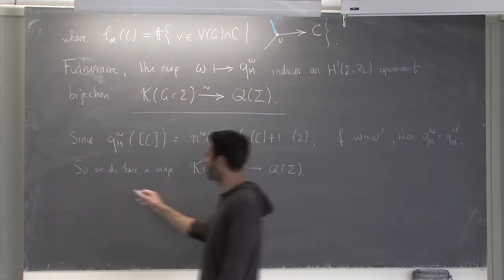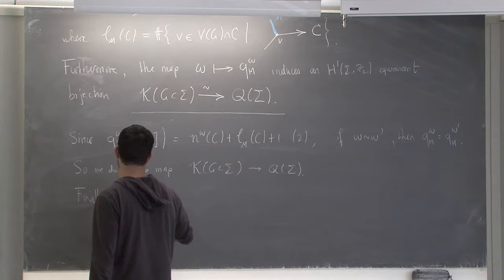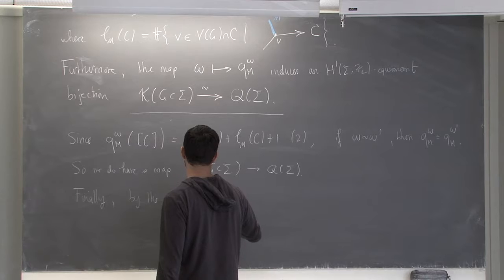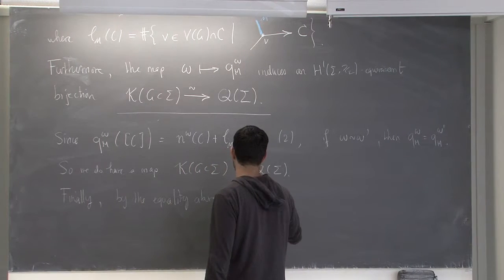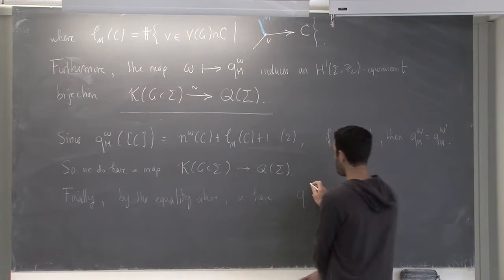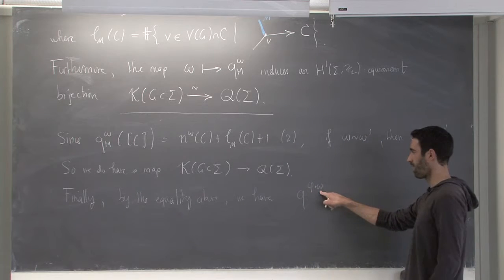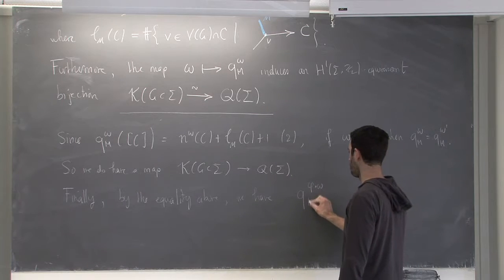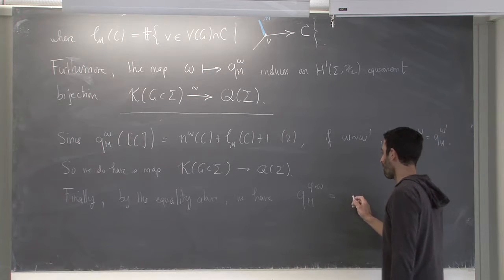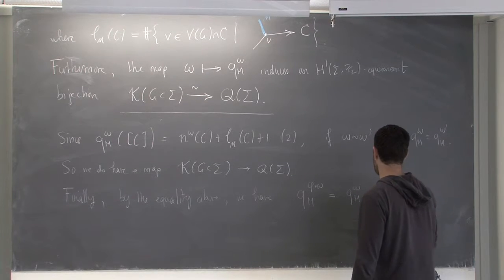And finally, by the equality above, again, remember we had this action of phi on the orientation omega, M, Q associated to this will be equal to Q omega M plus phi.